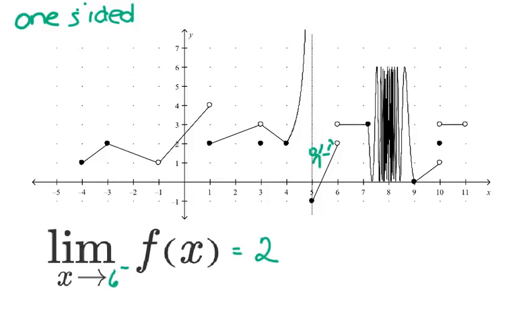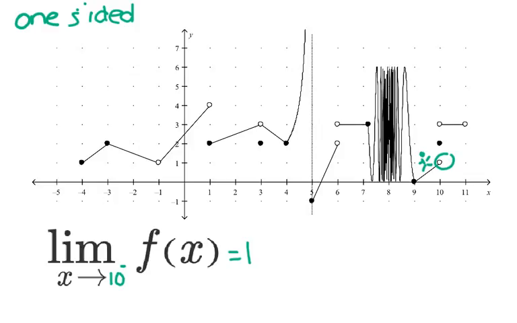Let's try another one. I'm going to do left side and right side at 10. So let's do 10 minus. Look at the picture. What do you think the answer is? The answer is 1. Because if we put the stick figure on the function and he walks towards x equals 10, the y value is going to be 1.